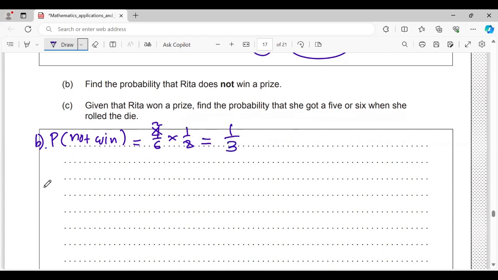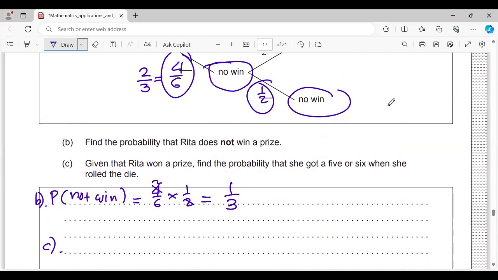Next, C. Given that Rita won a prize, find the probability that she got a 5 or 6 when she rolled the die.